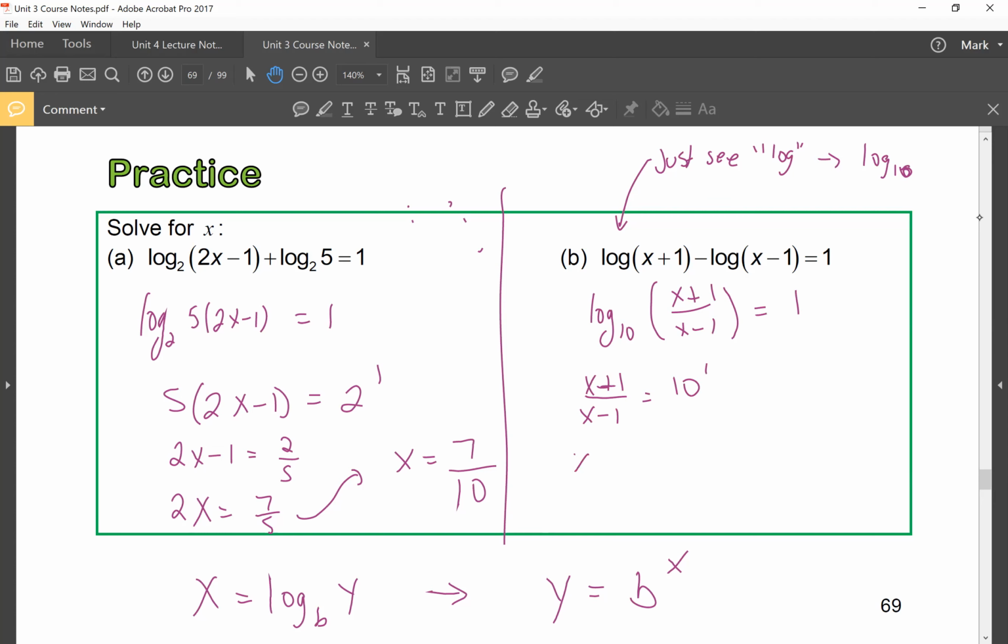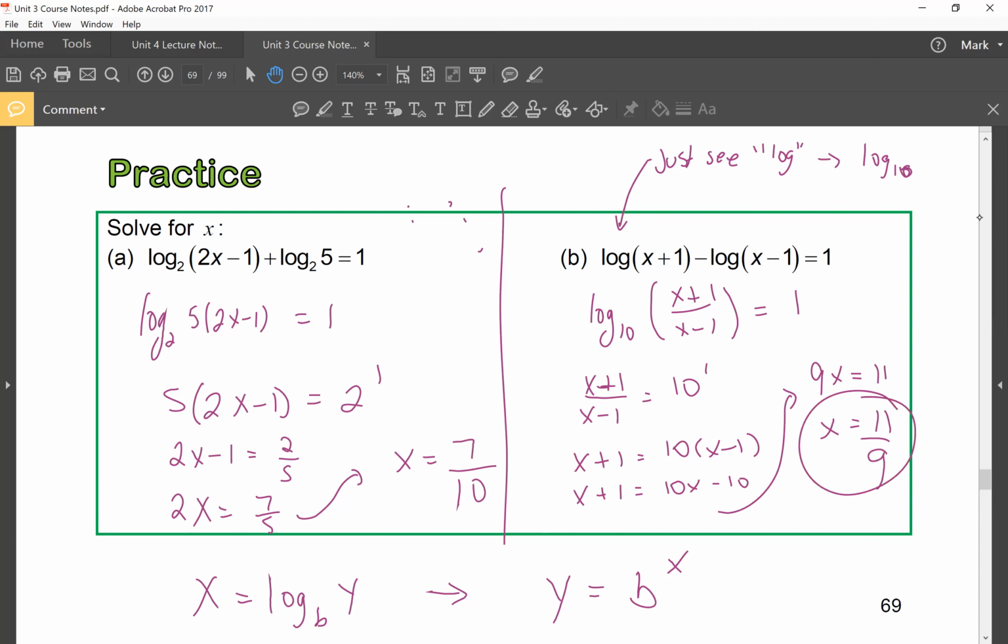Then I'm going to move the x minus 1 to the other side. So x plus 1 equals 10x minus 10. And then I'm going to keep solving for x. So I'll end up getting 9x equals 11. X equals 11 over 9.